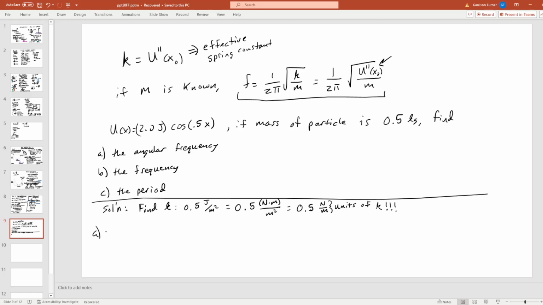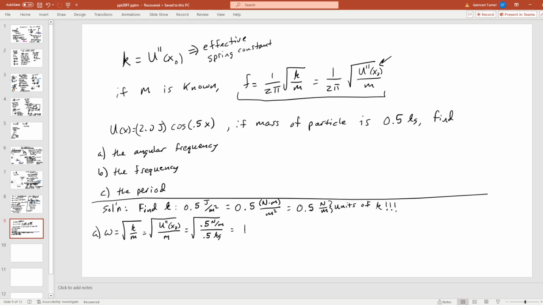So the angular frequency is the square root of K over M, or the double prime evaluated at the equilibrium position divided by M. So this is going to be 0.5 newtons per meter divided by 0.5 kilograms.